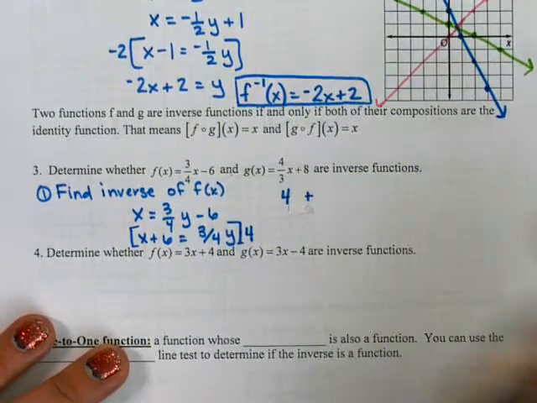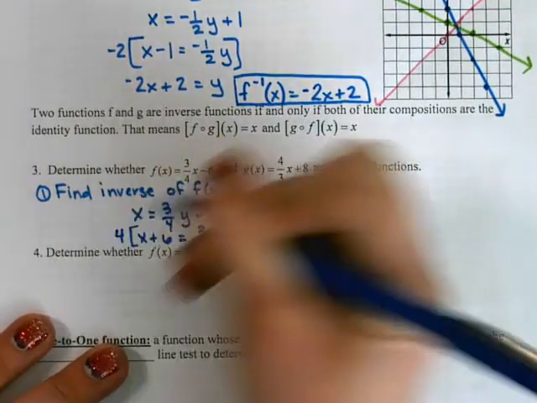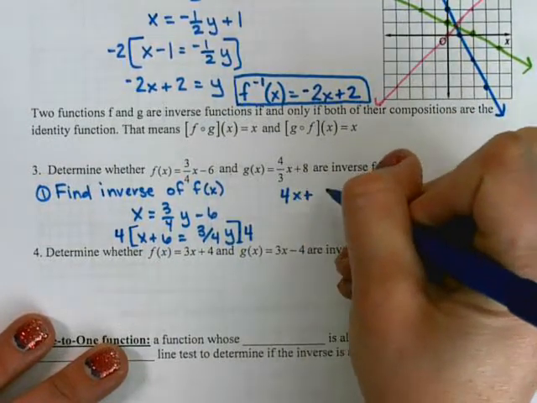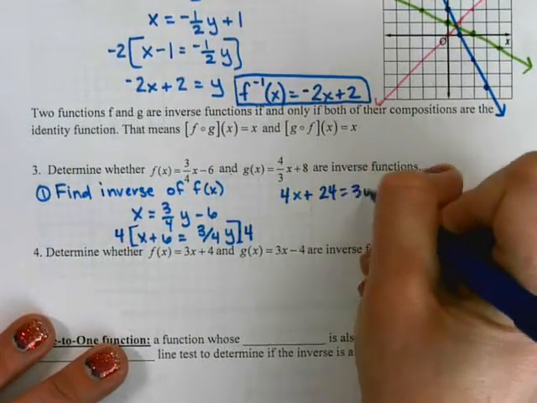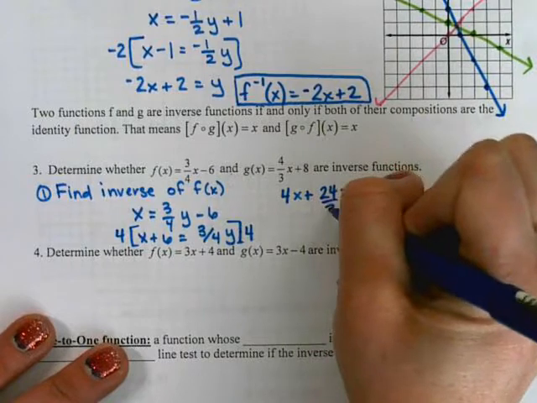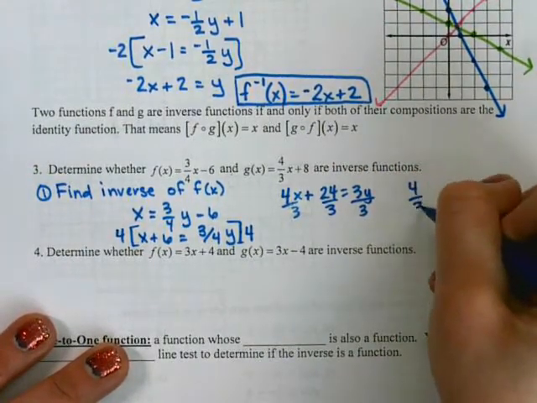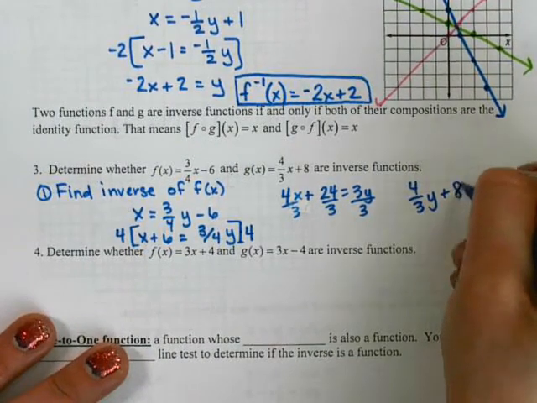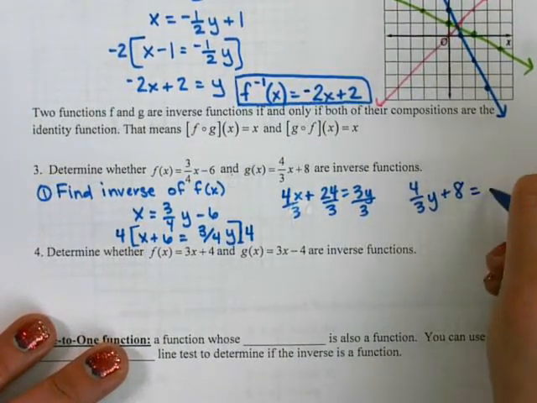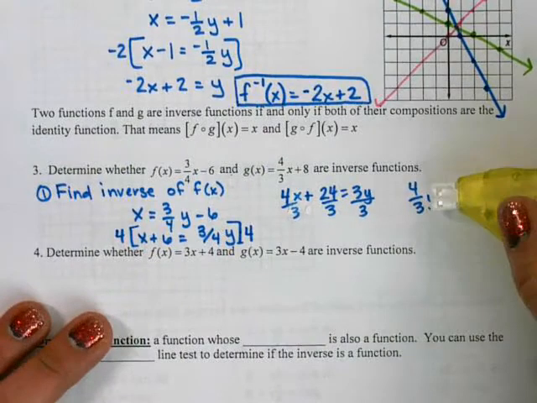Where's the next? 4x plus 24 equals 3y. So 4/3 y plus 8 equals, I did it again. Ugh, I'm sorry.